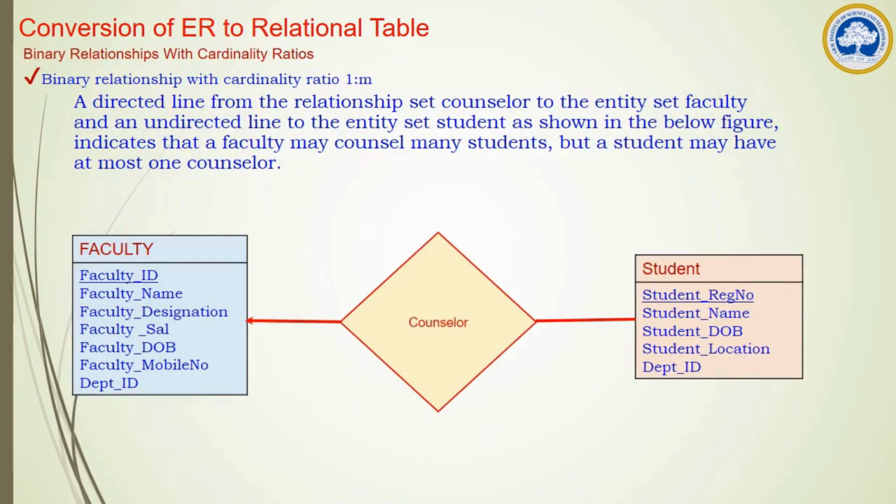Coming to the next type, binary relationships with cardinality ratio 1 to many. In this category, again, a directed line will be from counselor to the faculty entity set, whereas an undirected line will be given between counselor and the student entity set.